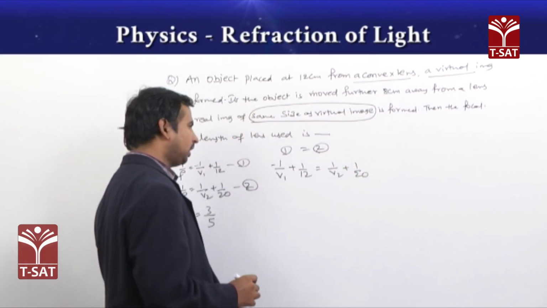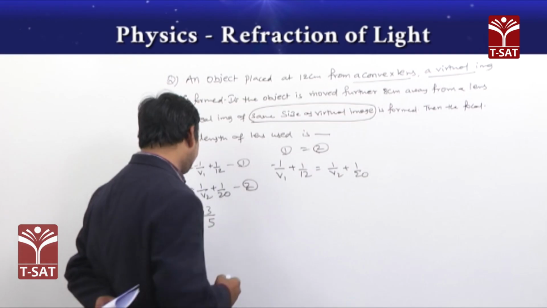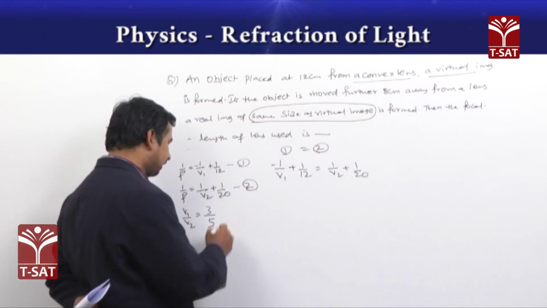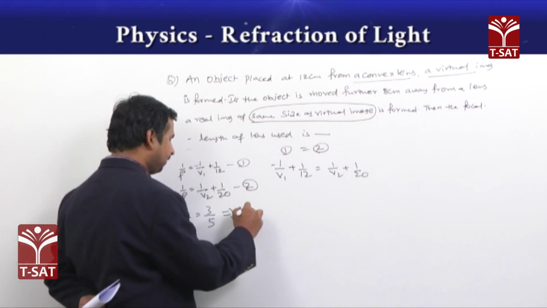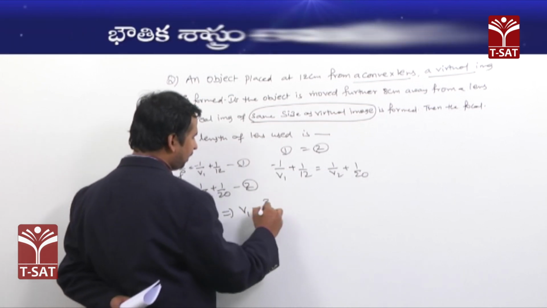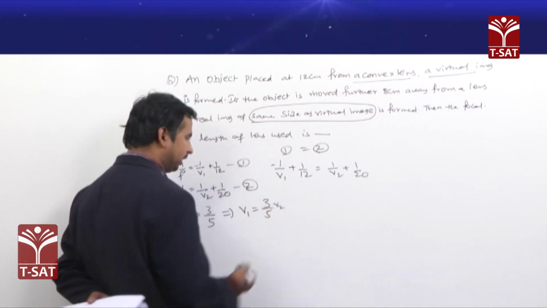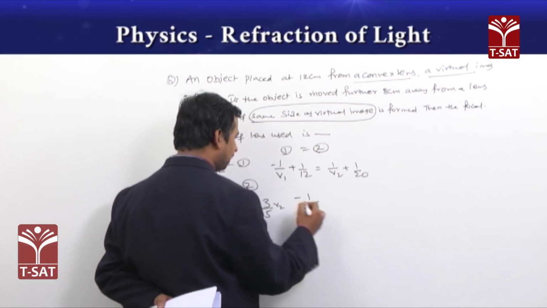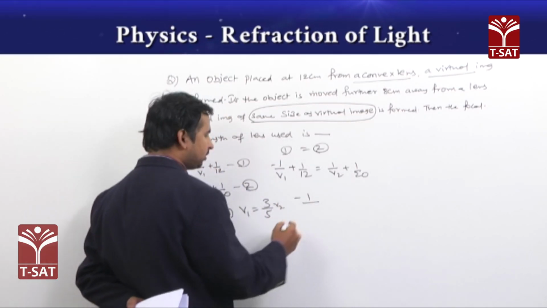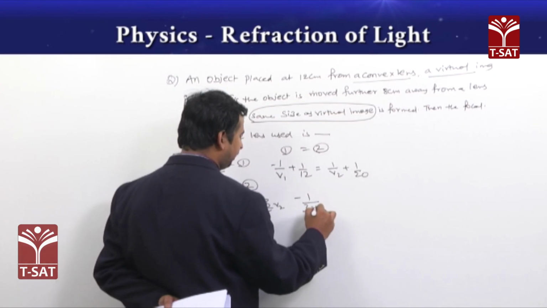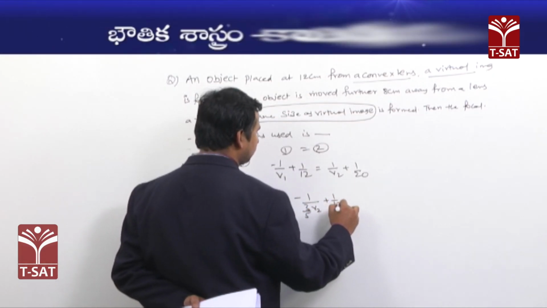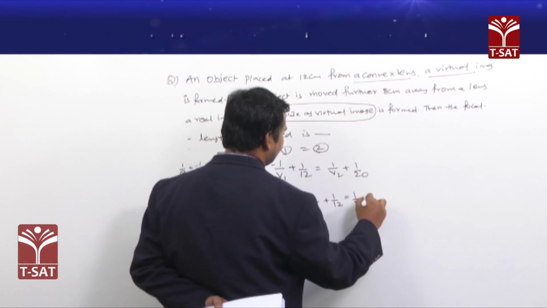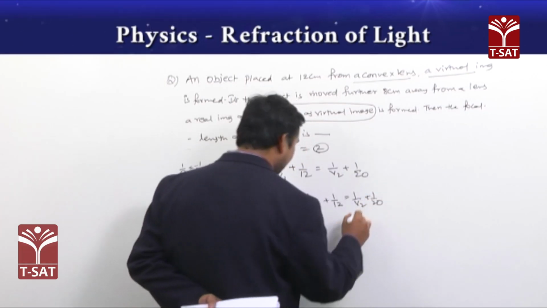Since V1 by V2 is 3 by 5, we can write V1 is equal to 3 by 5 of V2. Substituting that value here, minus 1 by 3 by 5 V2 plus 1 by 12 is equal to 1 by V2 plus 1 by 20.